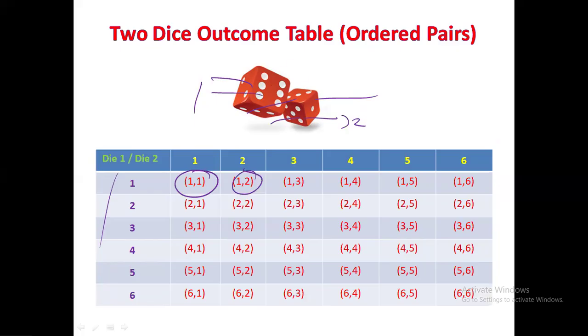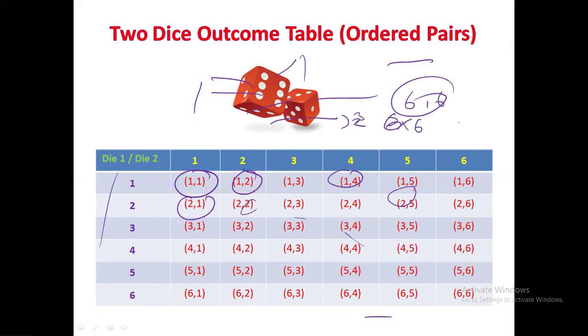Or this is 1 and this is 3, like that 1 4, 1 5, 1 6, or 2 1, 2 2, 2 3, up to both the dice showing 6 6. So 6 into 6, we have 36 outcomes if you are throwing these two dice, paired dice. In this we will solve some problems.